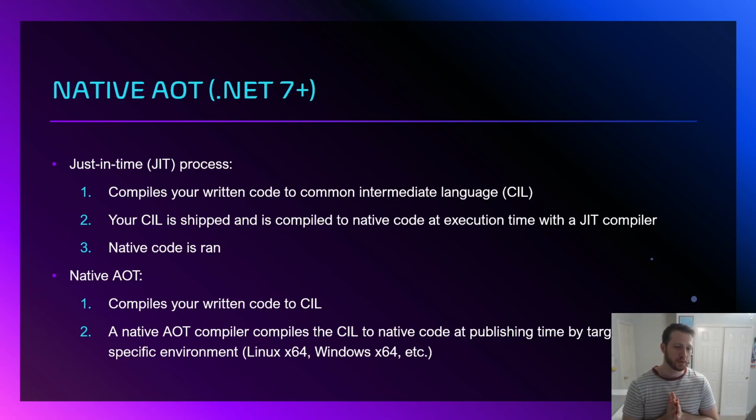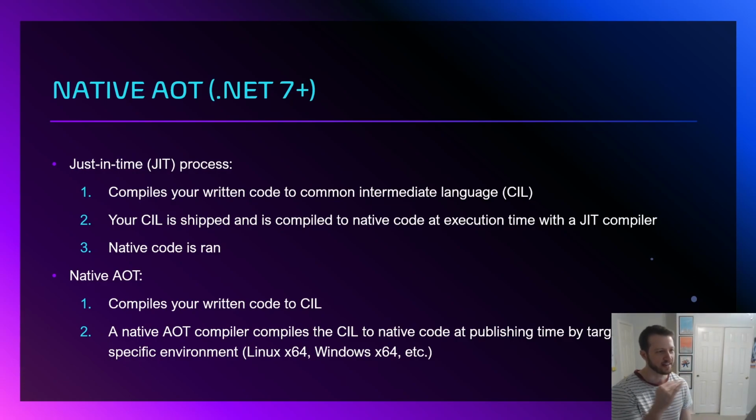I will not be showing native AOT in the demo, but I wanted to mention it because as of .NET 7, you can publish AOT to Lambdas. A very quick rundown, if you are not familiar with what AOT, ahead-of-time compilation, is: normally in .NET, you do just-in-time compilation, which means you write C#, it gets compiled down to intermediate language, that IL gets shipped, and it's compiled to the machine's native code at execution time by the just-in-time compiler.